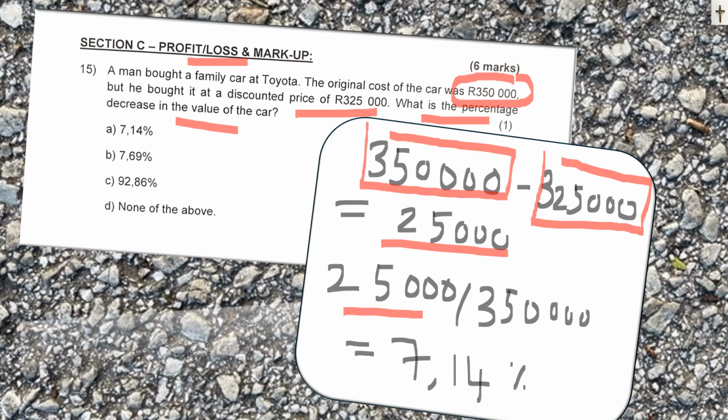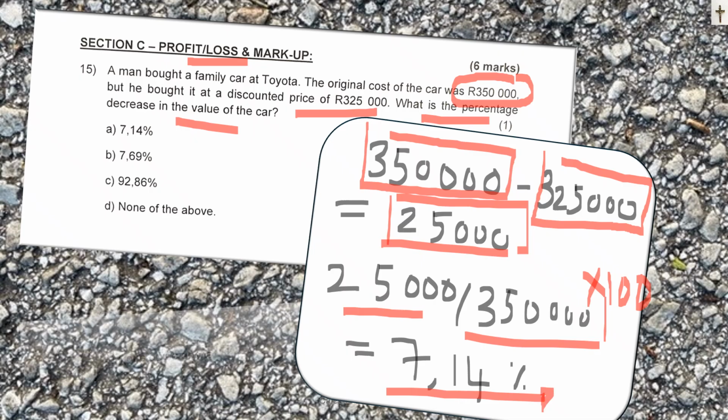It was the $25,000, that's the rand discount, divided by the original cost price, and this should actually say multiplied by 100. And if we do that, you'll see the percentage decrease in price was 7.14%. And there's the answer, A.